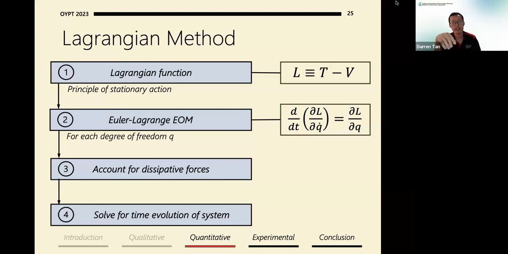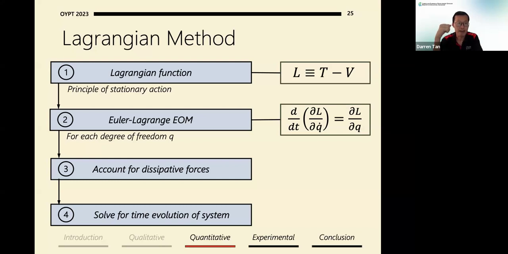Euler and Lagrange, of course, are also mathematicians. If you take some derivatives, it can be shown that you get your equations of motion, which is equivalently your Newton's laws coming out of it, if you take certain derivatives and set up some equations.